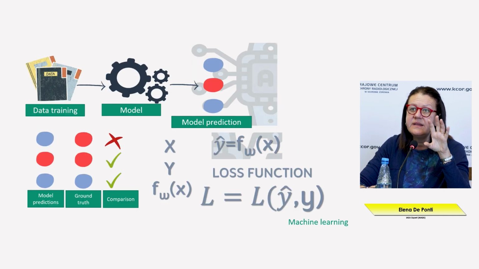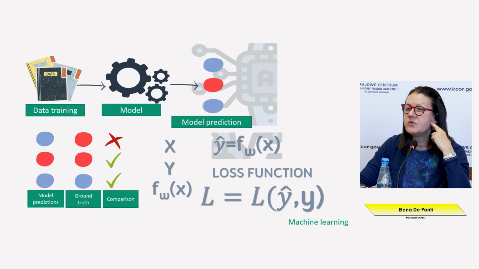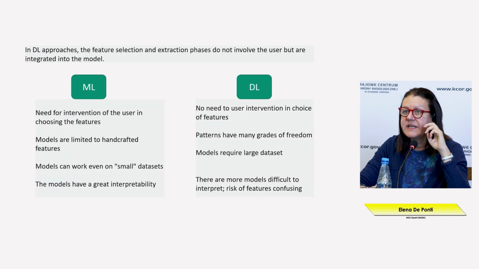So we have many data, we establish and identify our model, then we train the model, so we check if the model is working properly. We compare the model prediction with the ground truth, and then we improve according to the loss function, that is the difference between what the model says and what we know is real. The first part, the training part, is very important.